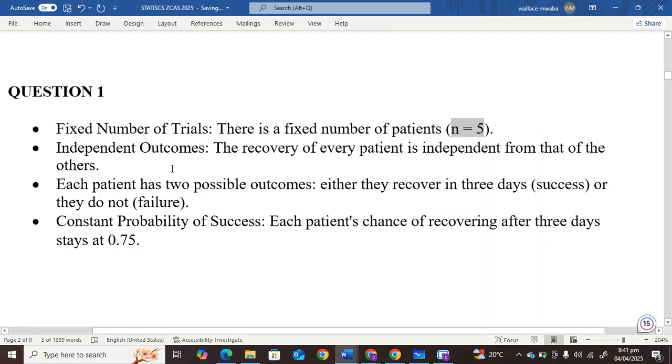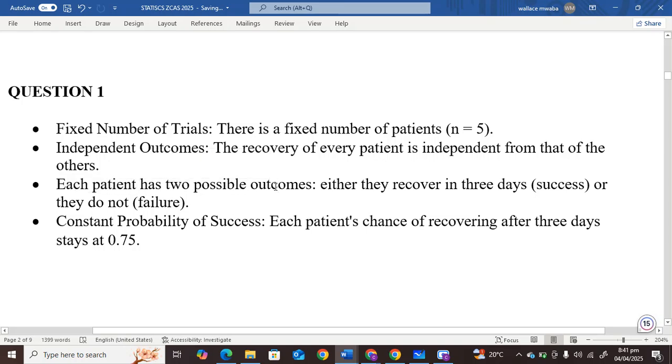Condition number 2, there must be independent outcomes, meaning the recovery of one patient shouldn't affect the recovery of another patient. Each patient's recovery should be independent. The recoveries are not dependent on each other, basically. Condition number 3, each patient has 2 possible outcomes.